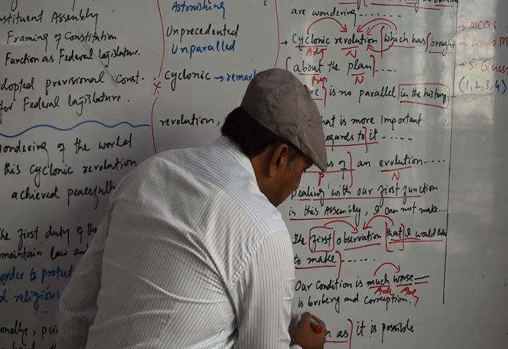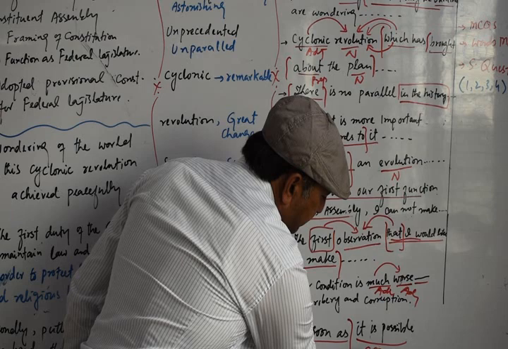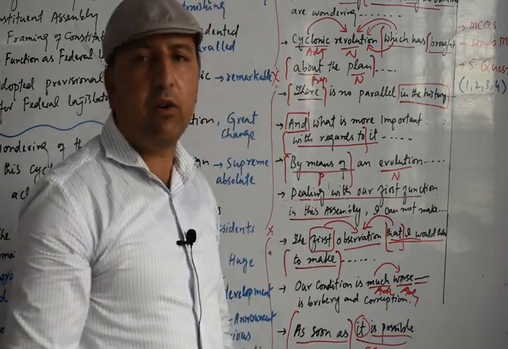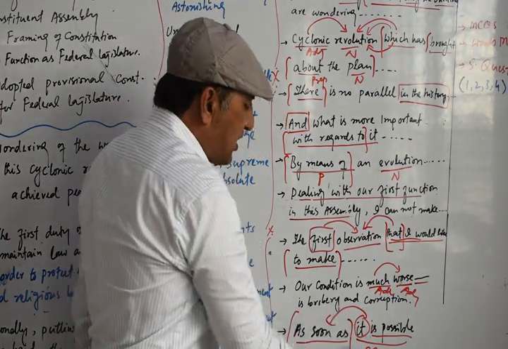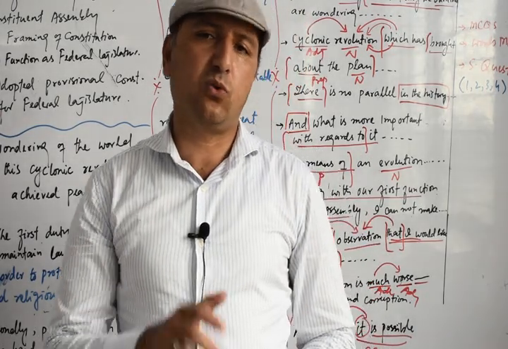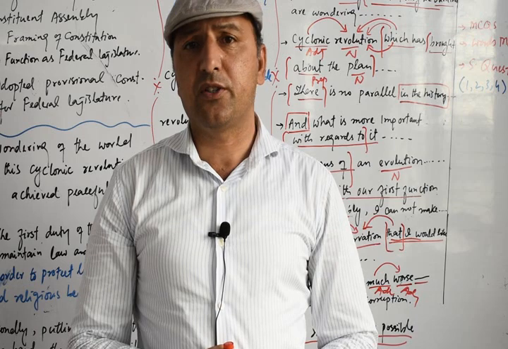As soon as. Now you see it is possible. It is possible is a clause. It is the subject, is possible is the predicate, combinedly we call it a clause. But it is preceded by a conjunction. As soon as is basically a subordinate conjunction, though it is in phrase form. Conjunctions are mostly words.